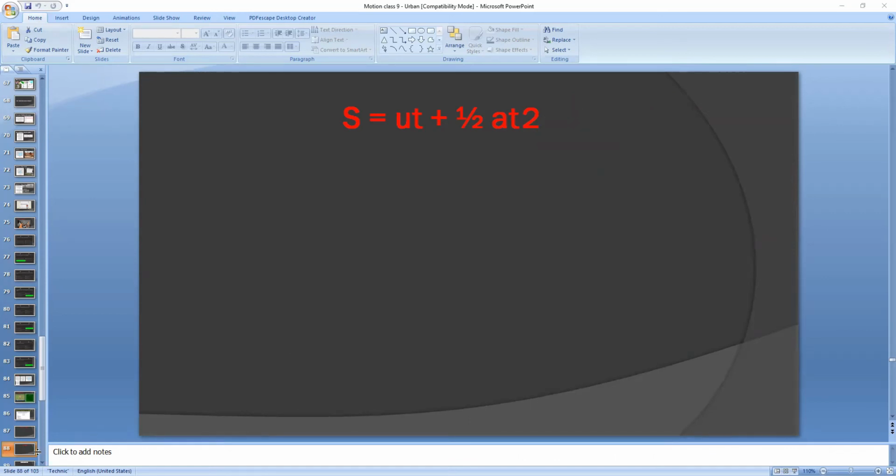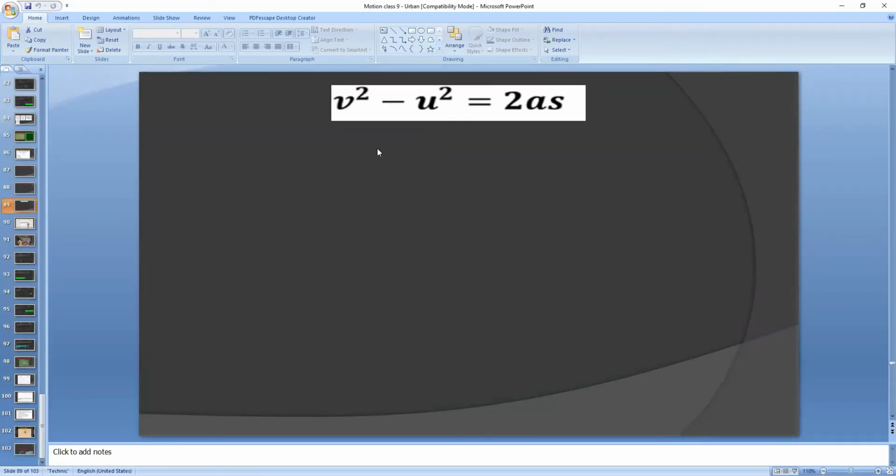Next, v² − u² = 2as. How to derive? Again the same: take time t on the x-axis and velocity v on the y-axis. An object at point A started with initial velocity u. It reached point B with final velocity v in time t.